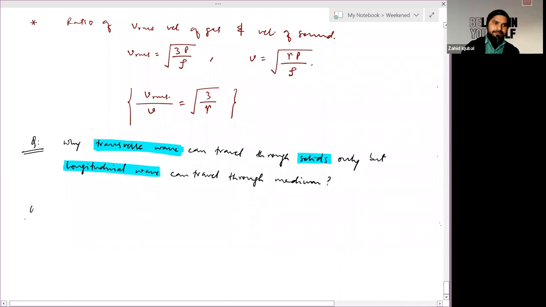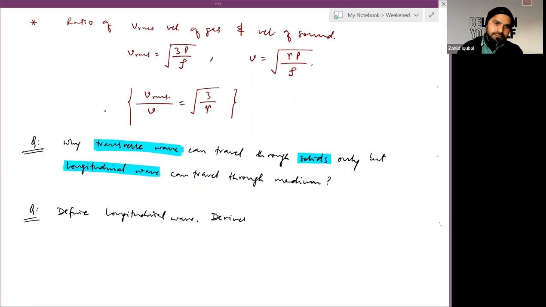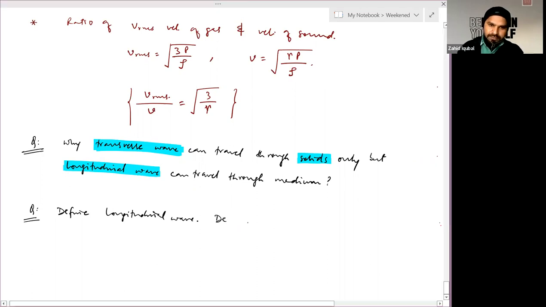Next question related to this part will be: you'll be asked to define longitudinal wave, derive expression of velocity, define Newton's assumption, and Laplace correction to it.